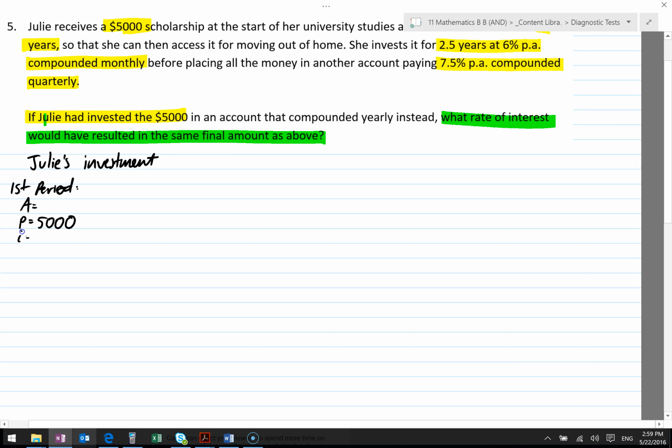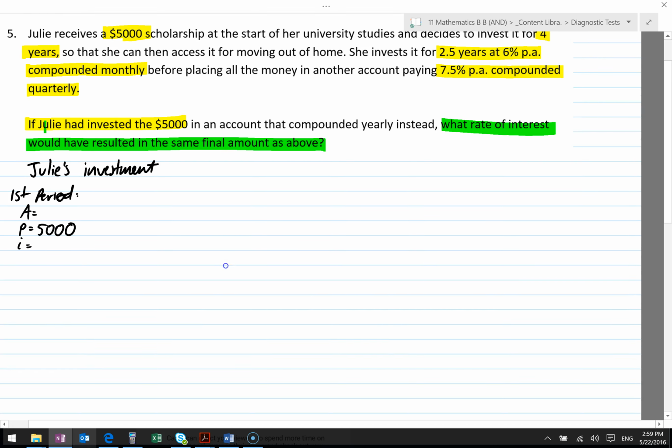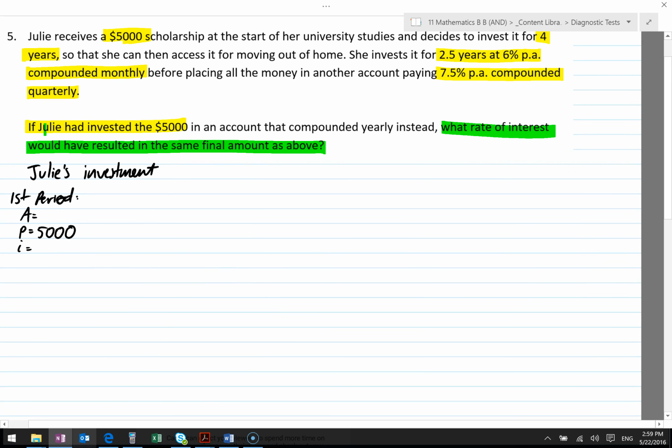And she invested it at an interest rate of 6%, compounding monthly, for a period of 2.5 years. So I've used this info, and compounded monthly, and the 5,000. I need to find the amount she has after the first 2.5 years.